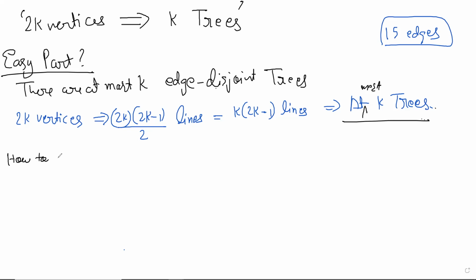How to show there are exactly k trees. It was very easy to guess the number k, but how do we show that there are k of them?